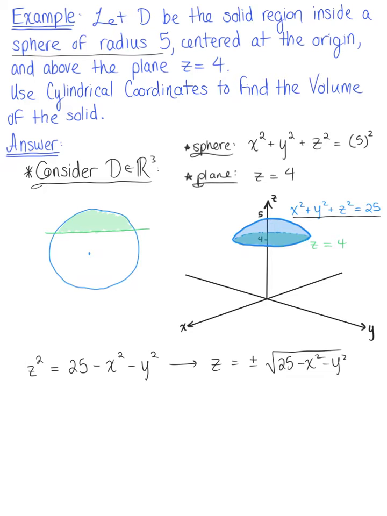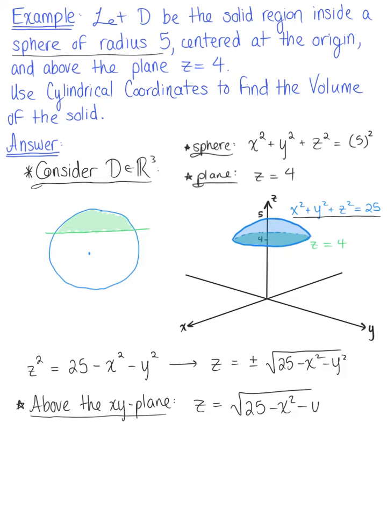Now, we're only considering the portion of the sphere above the xy plane. So this indicates to us that we only need to consider the positive square root. So z is equal to the square root of 25 minus x squared minus y squared.